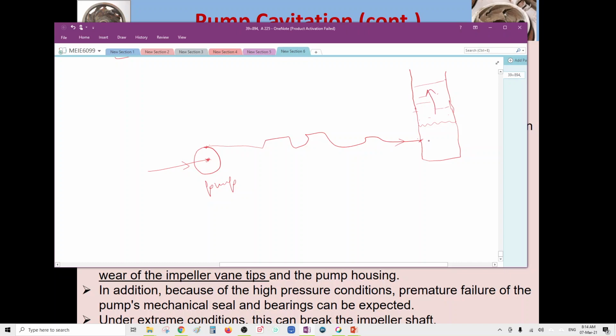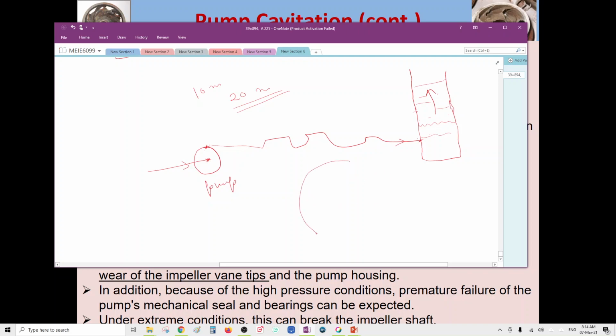So the head developed by the pump is required more and more. When the water level was low, the pump might be producing, let's say, a 10-meter head, but when the level goes up by 10 meters, the pump has to produce, for example, 20 meters. So the pump has to work more and more, and the pressure in the pump will also be more.